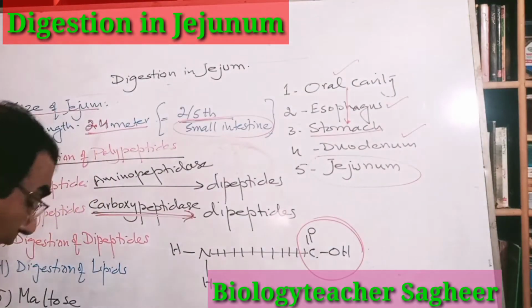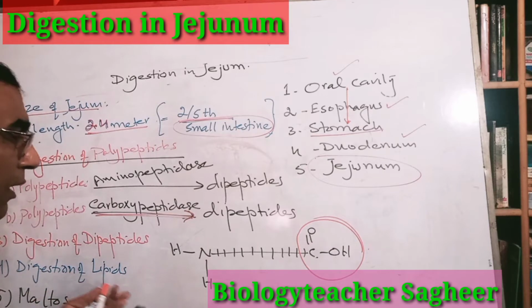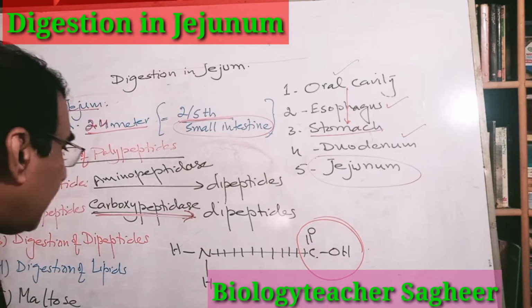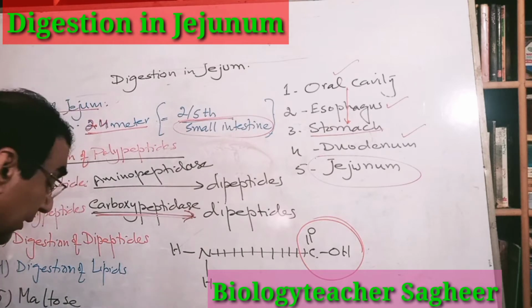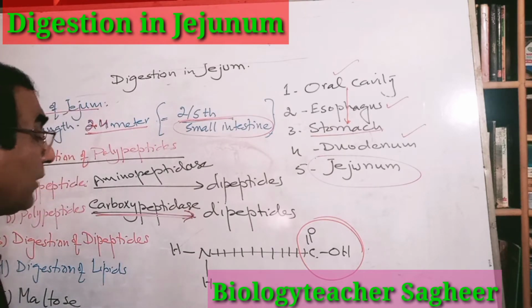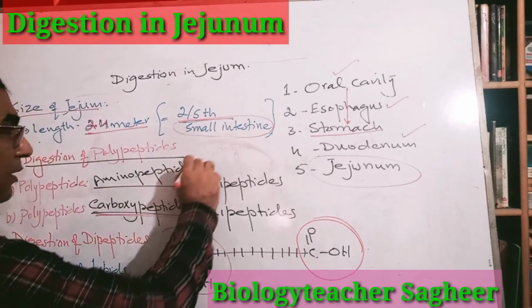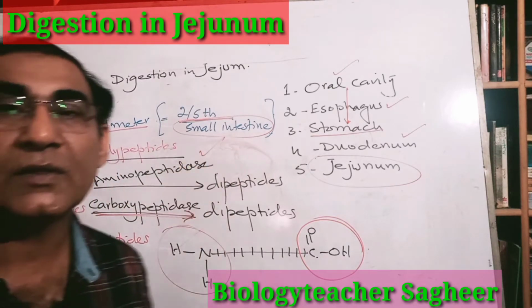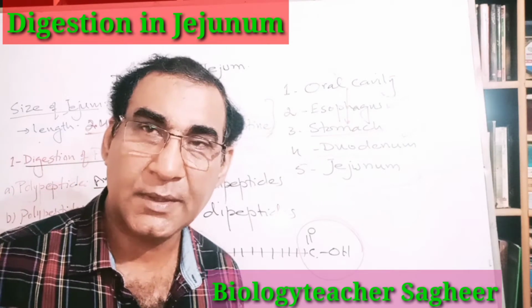And if a polypeptide chain is hydrolyzed here, at the amino group, then it is known as aminopeptidase. So here is the difference between aminopeptidases and carboxypeptidases.